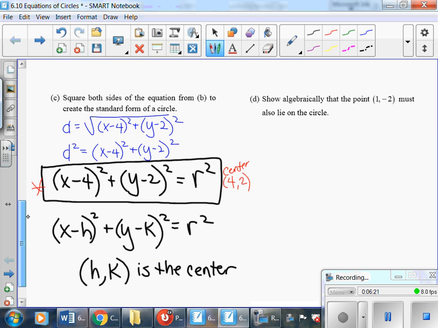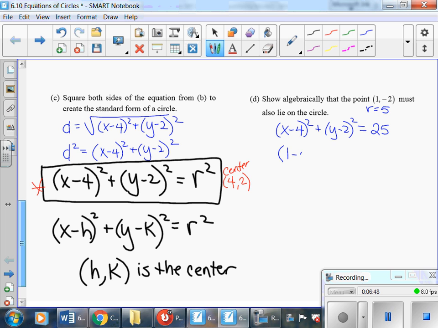All right, so show algebraically that the point (1, -2) must also lie on this circle. Well, we just said that the equation of this circle is (x - 4)^2 + (y - 2)^2 = r^2, which is 25 because r is 5. We're told that up above. So let's plug our point in, substitute it in.